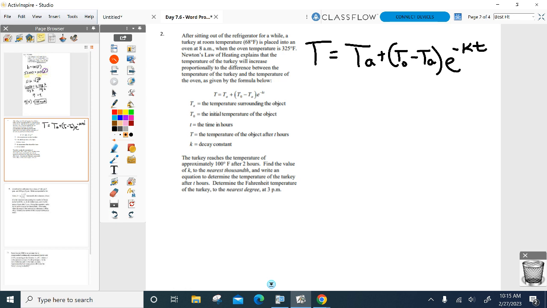What's the value of K? So there's my first problem right here, part A. What's the value of K if the turkey reaches 100 degrees after 2 hours? Here's K up here. So I need your help plugging in for every single thing up here except for K.